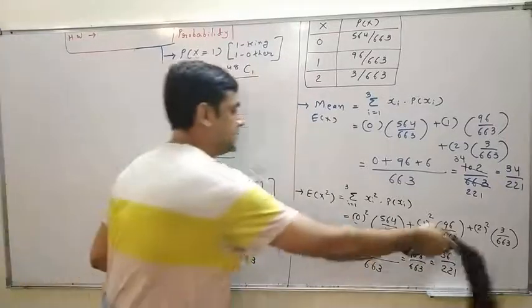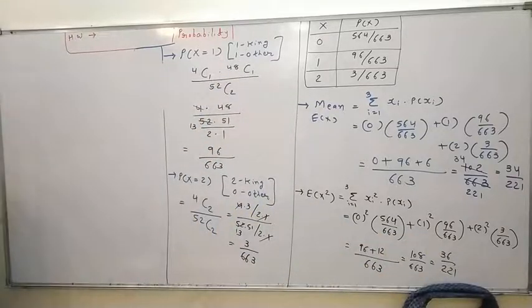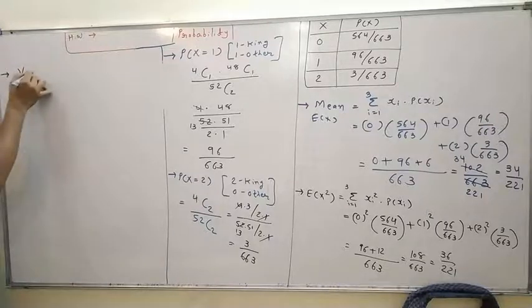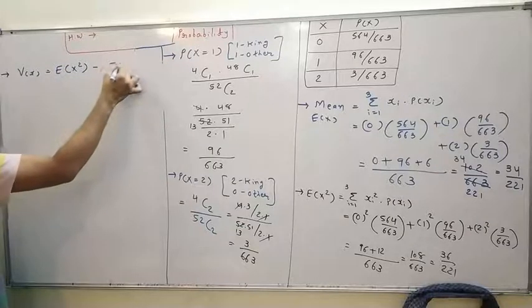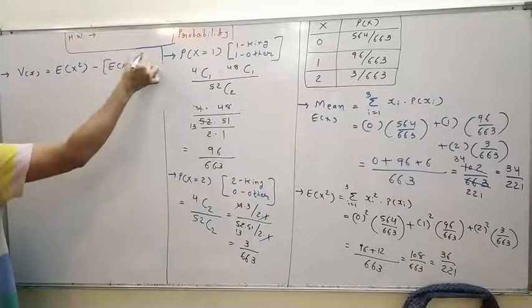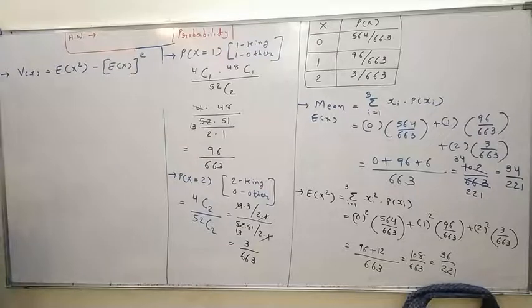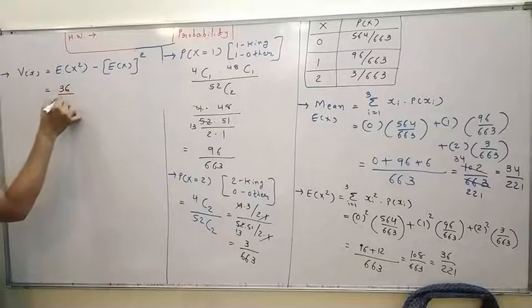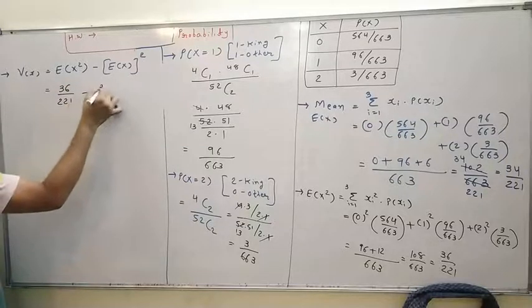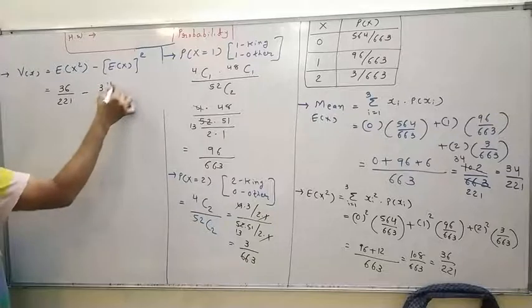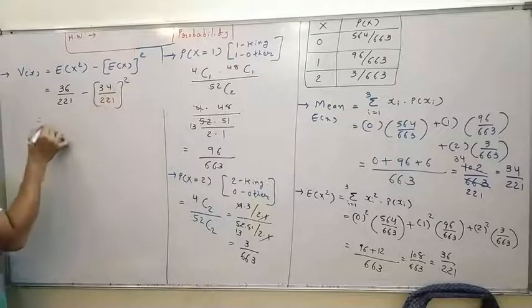Now your variance is E of x square minus E of x whole square. E of x square is 36 upon 221 minus 34 upon 221 whole square.